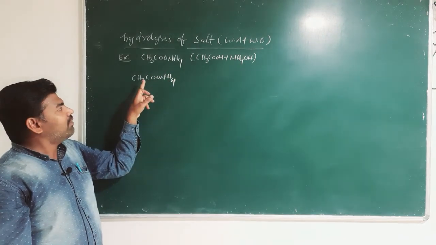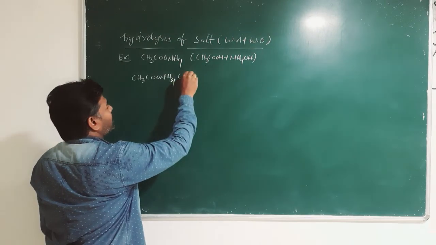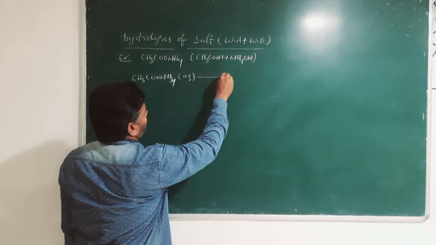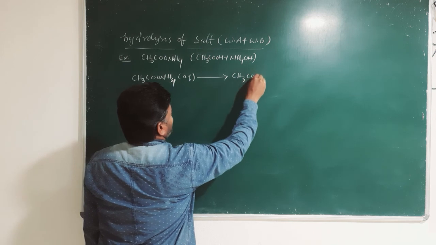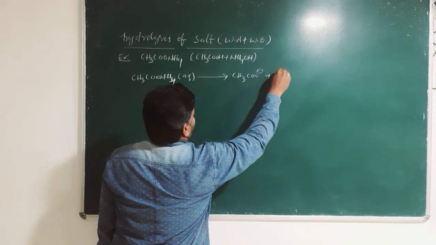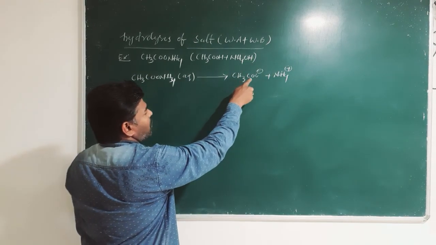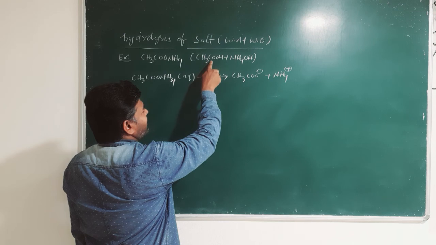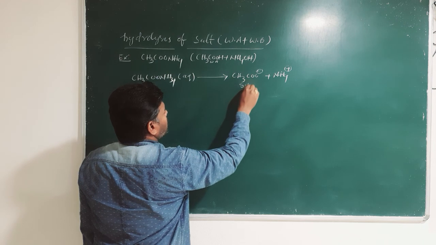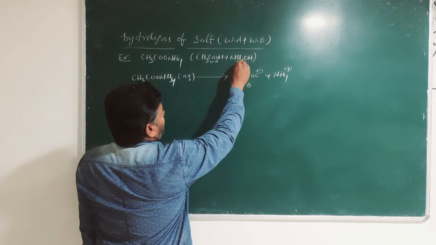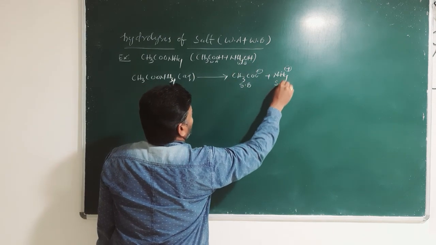When we add water to ammonium acetate, that becomes aqueous ammonium acetate solution, which upon ionization gives CH3COO minus plus NH4 plus. Acetic acid is a weak acid, its conjugate base is a strong base. Ammonium hydroxide is a weak base, its conjugate acid is a strong acid.